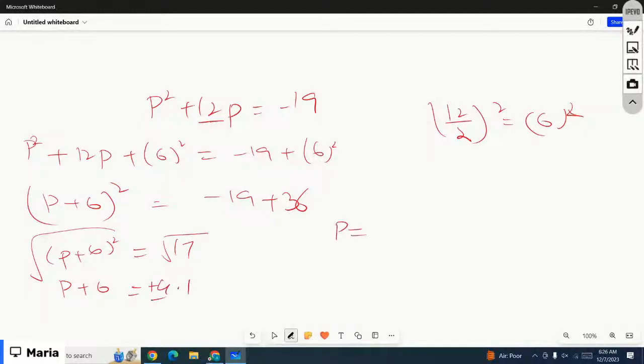So p equals 4.1 minus 6 and p equals negative 4.1 minus 6, right? So 4.1 minus 6 equals negative 1.9 and negative 10.1.